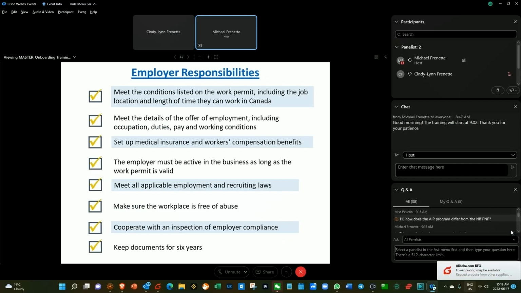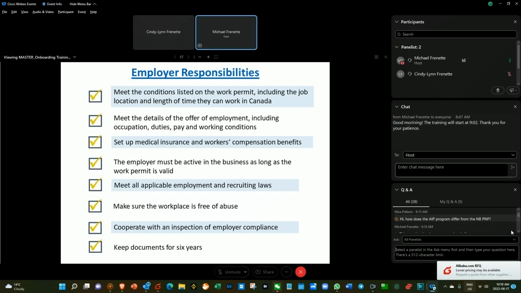So employers do have responsibilities when hiring a foreign national or a temporary foreign worker on a work permit. As you can see here, it is very similar to what you would follow as an employer when you hire a Canadian citizen or a permanent resident. But with a foreign national, you need to make sure that you see their work permit, that you know the expiry date, and that you comply with the conditions listed on the work permit, including the job location and expiry date.